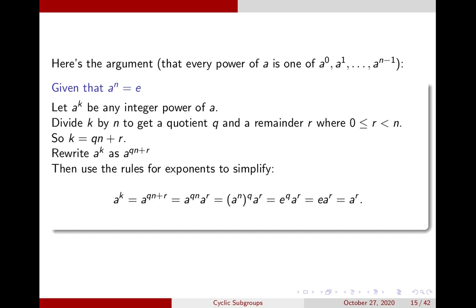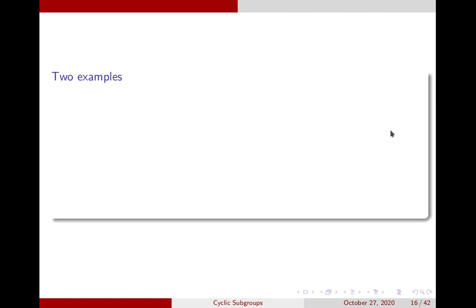So this is e times a to the r, which is a to the r. So we've shown that a to the k is a to the r for some r between 0 and n. And that's exactly what we were trying to show.